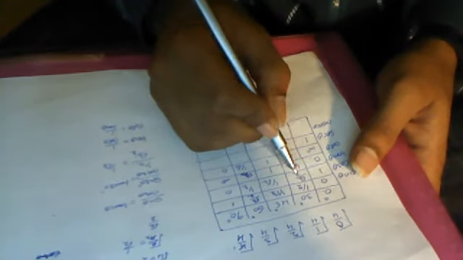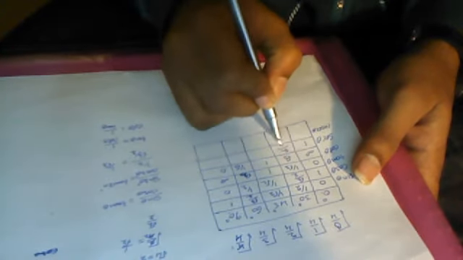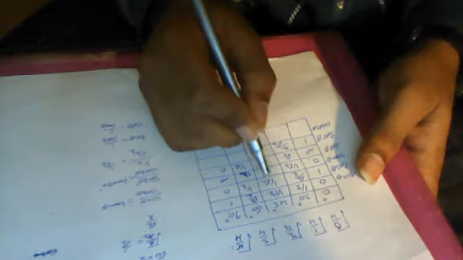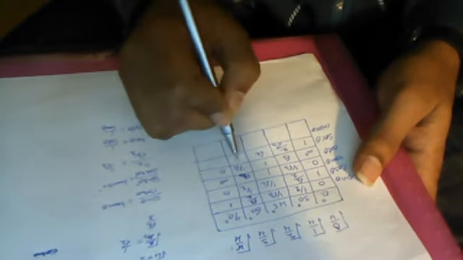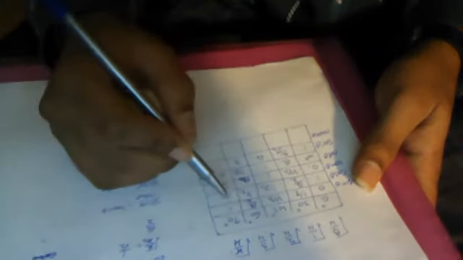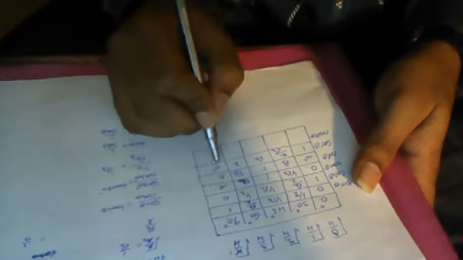Root 3 over 2: since we have to switch the order, 1 over cos theta, so 1 over root 3 over 2 will give me 2 over root 3. Similarly 1 over root 2 will give me root 2. 1 over 2 will give me 2. And finally you can see that 1 over cos theta, which is 1 over 0, will give me infinity.